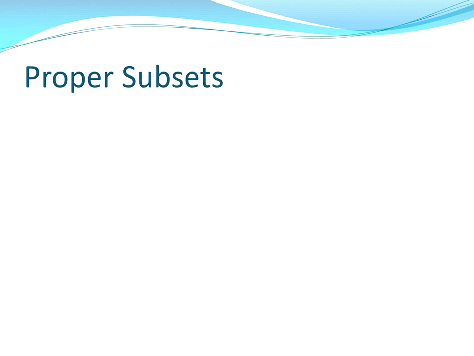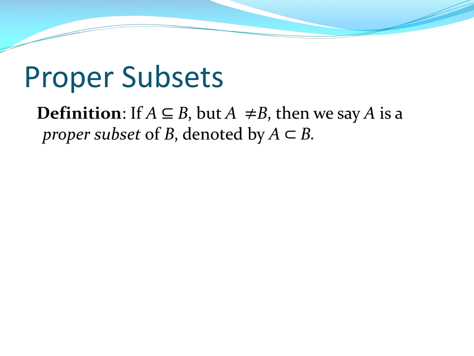All right, proper subsets are an enhancement of the subset concept where if you have A as a subset of B but they're not equal, then we can say that A is a proper subset of B. And we use the notation of the open sideways U to indicate proper subset that has no line in it.